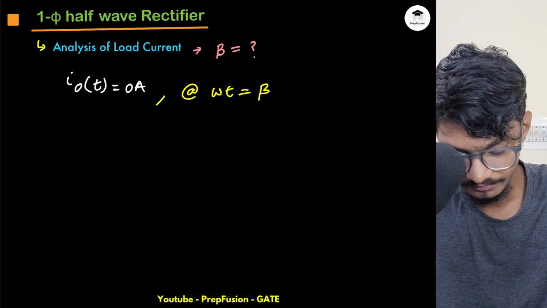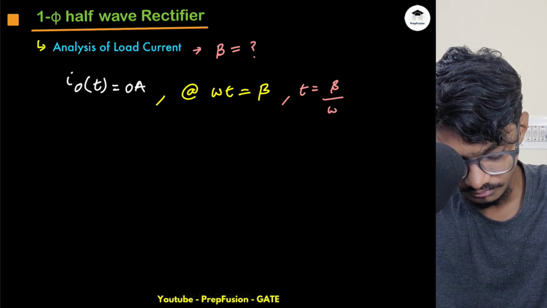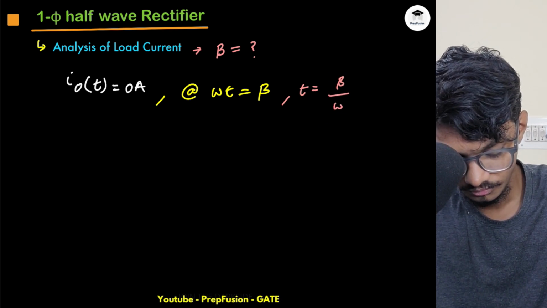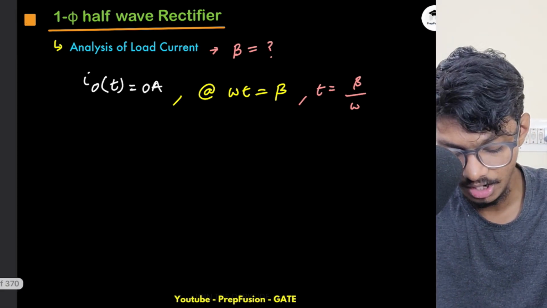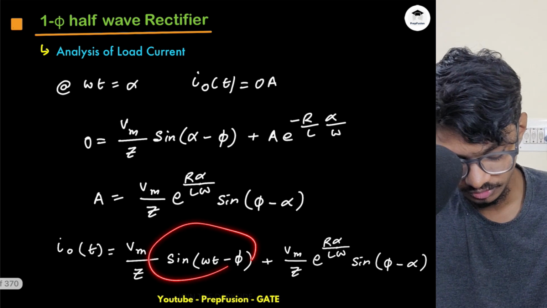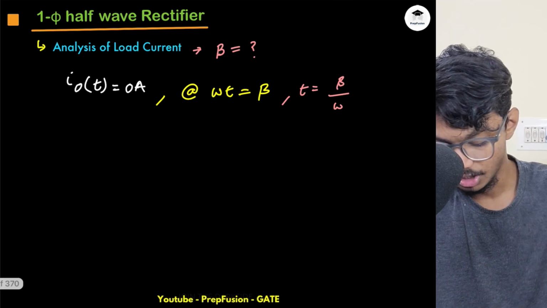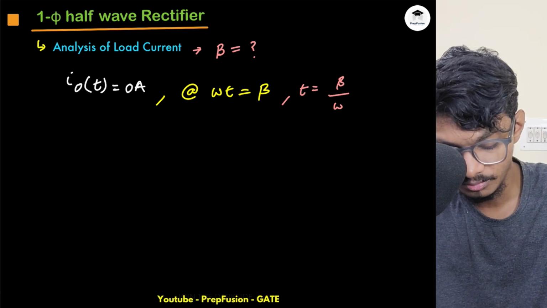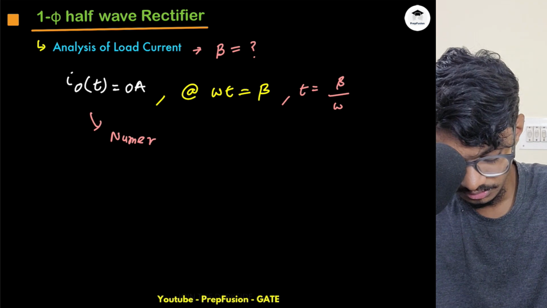So t will be beta by omega. You might say, how will you solve this? Because here I have a sinusoidal and here I have an exponential equation. You solve this using a numerical method. Don't worry, you don't need to solve this in the examination.